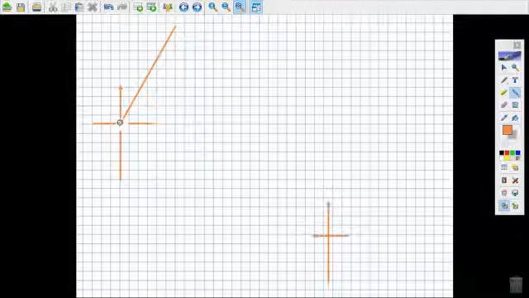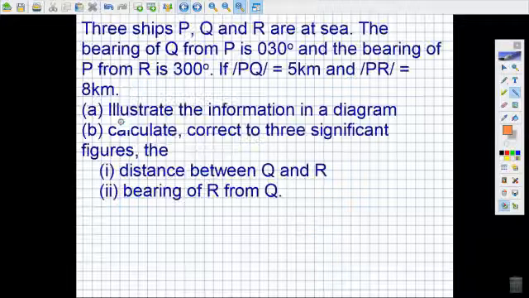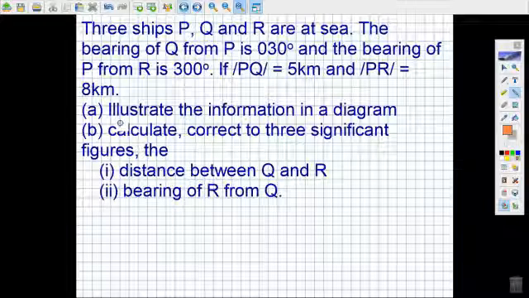And next, we are given that the bearing of P from R is 300 degrees.